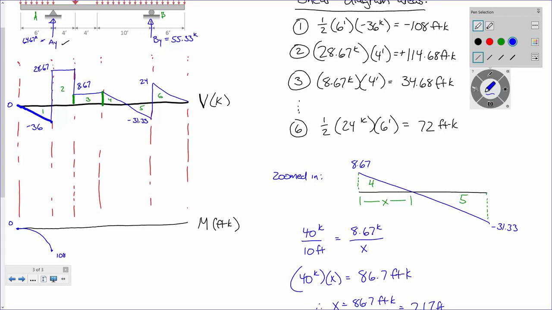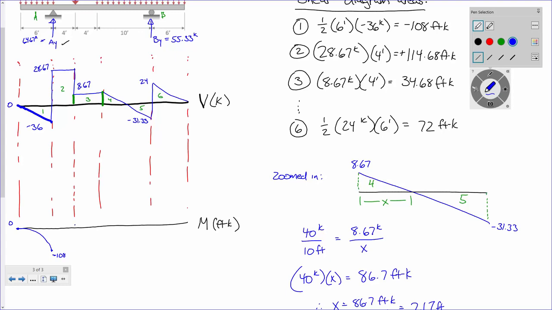Okay, now, all right, so let's watch this. Okay, so from point 1 to point 2, I go up positive 114.68, okay? So if I'm at negative 108 and I go up 114.68, where am I at?